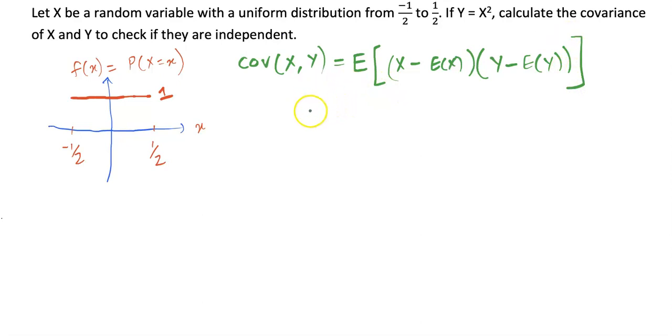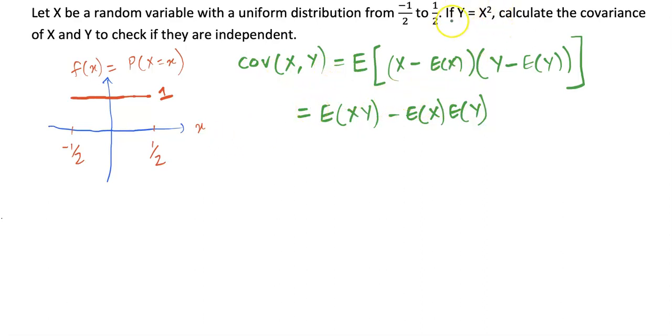If we simplify this, we get that the covariance equals the expected value of xy minus the expected value of x times the expected value of y. So a fairly nice expression for the covariance of xy.